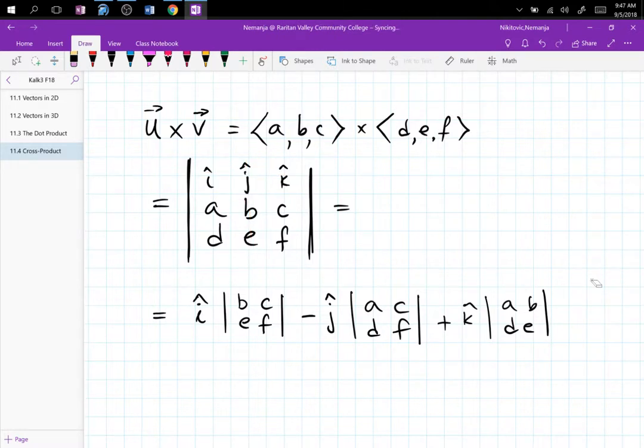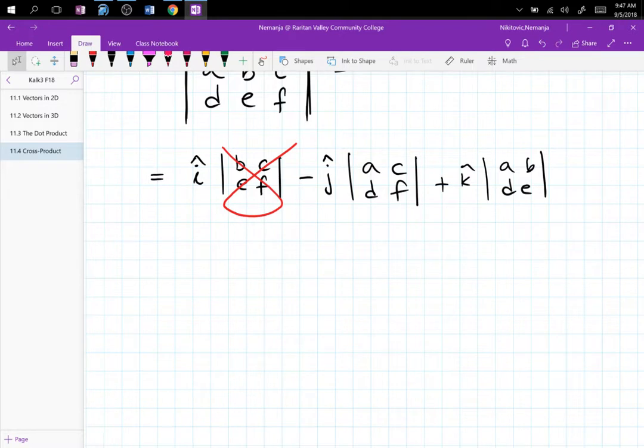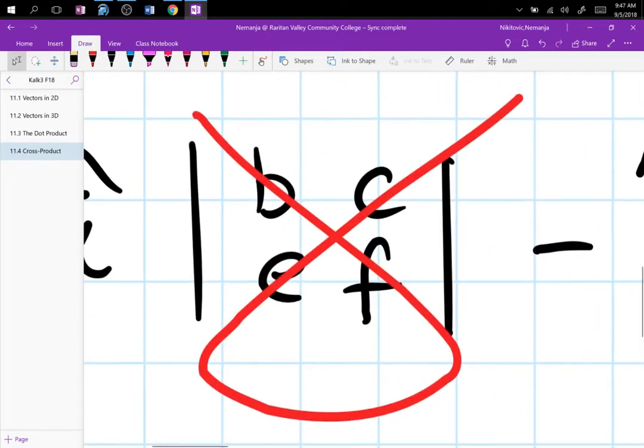Now, we are supposed to solve these. The way to solve the 2 by 2 determinant is to multiply the diagonal, B F, and you subtract the multiplication of the other diagonal. I put this symbol in because it really helps. If you look at it this way, you come in at the diagonal, there is a multiplication symbol in the middle.